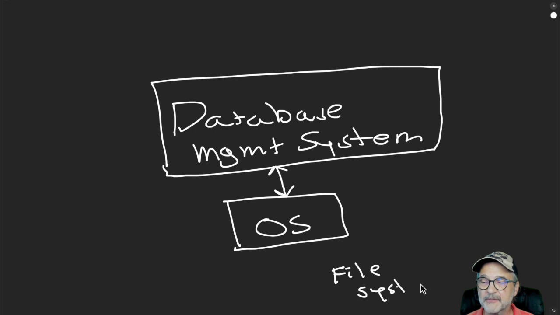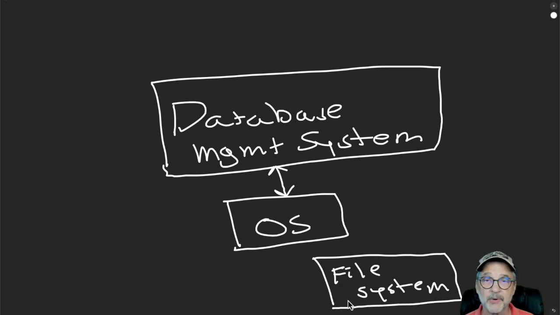The file system is a driver, or a set of programs that are part of the operating system, that store and retrieve data off of your storage devices, like a hard drive, USB thumb drive, an SSD, a tape drive, an optical drive, just about anything. So the database management system manages the data that it stores for whatever reason.